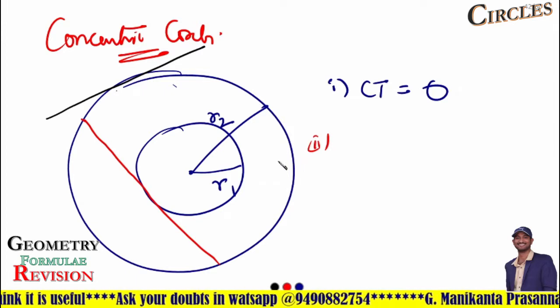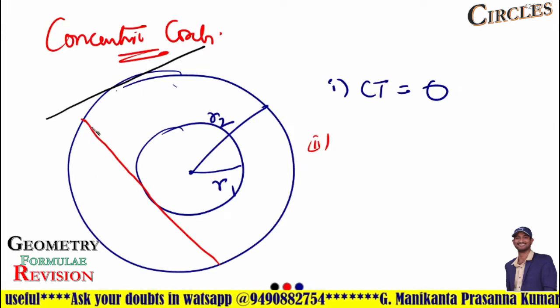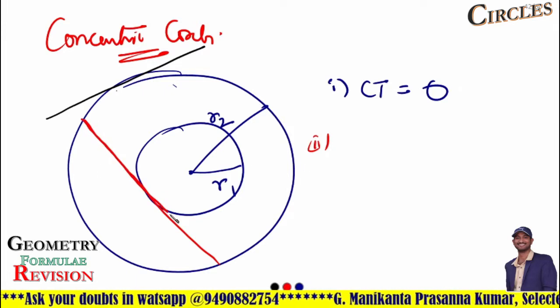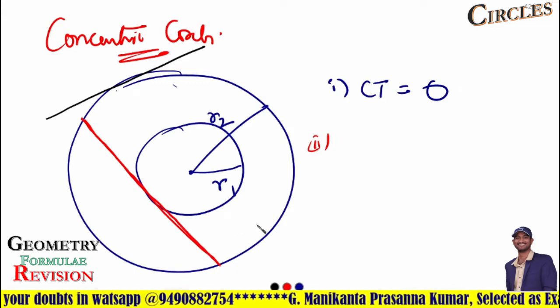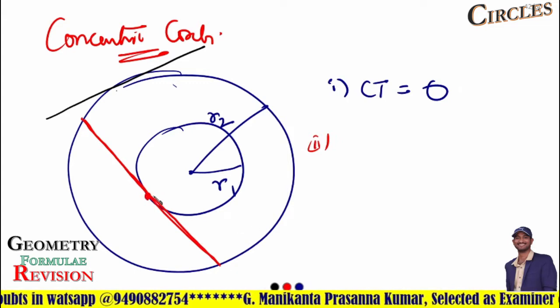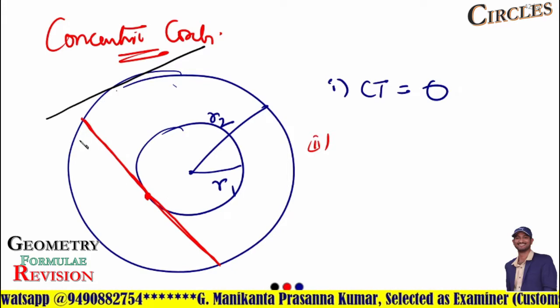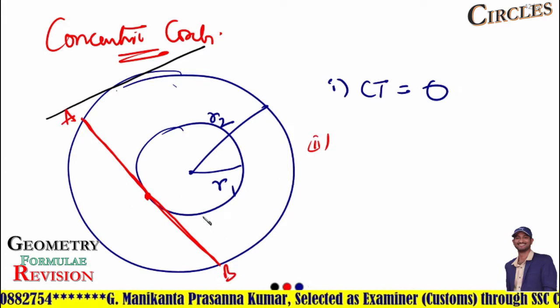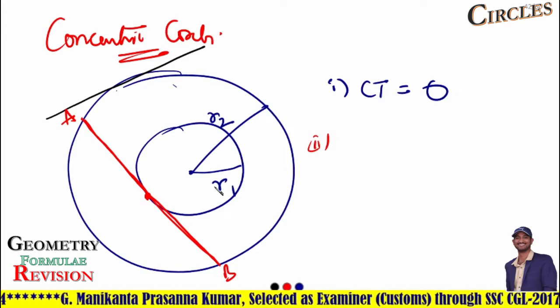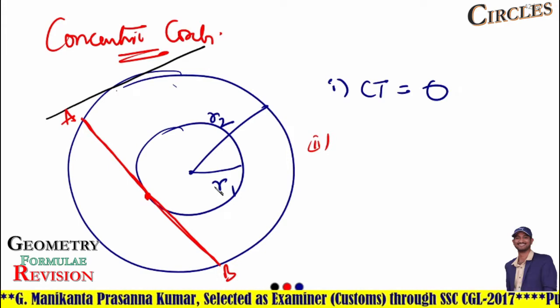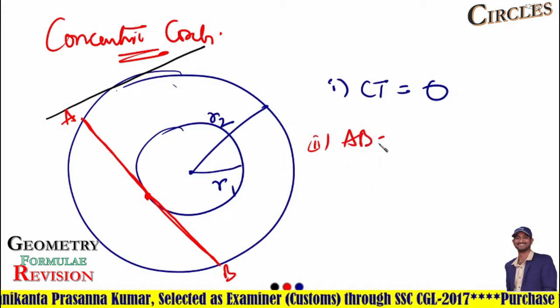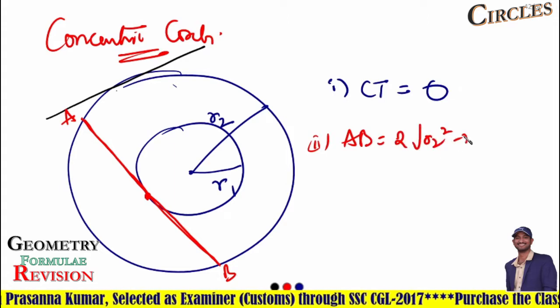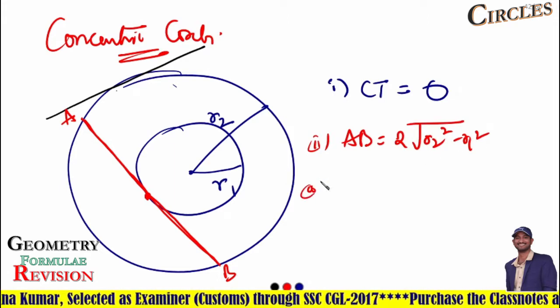The second point is the length of the chord of the bigger circle which is tangent to the inner circle. That is the longest chord of the bigger circle which is tangent to the inner circle: AB = 2√(R2² − R1²).